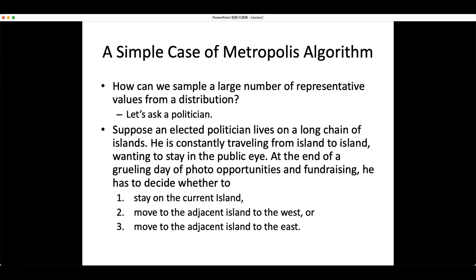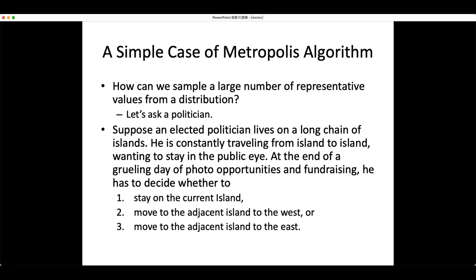In Taiwan, candidates go everywhere to shake hands, but in the US you don't see that very often. Basically it's just photo taking and fundraising. If you support a certain candidate, you donate to that candidate.